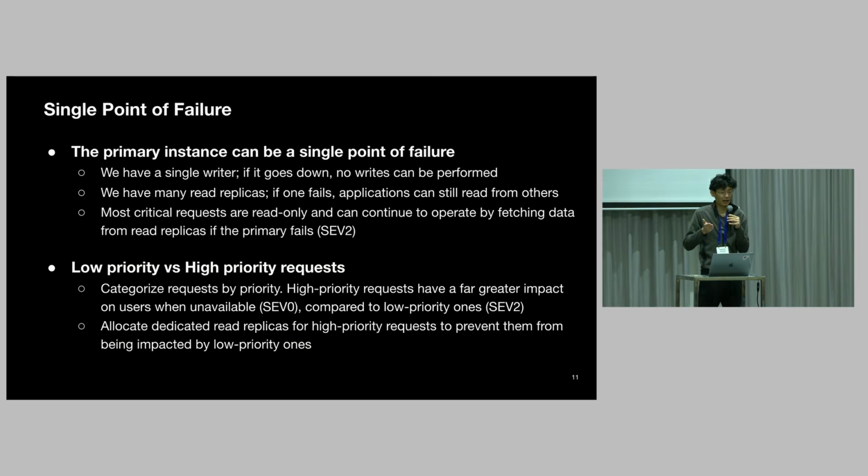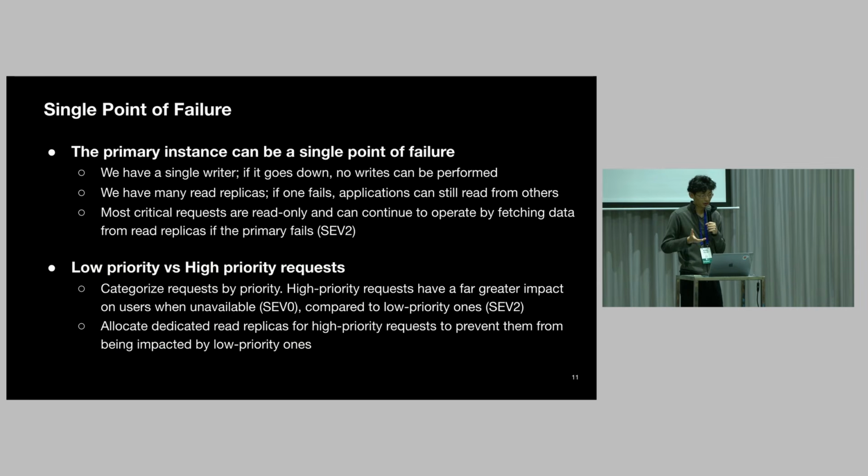So if the primary is down, in this case, it will become a step 2 instead of step 0, which brings down the whole service. It will become step 2, which means that most of the queries can still work. It can still read from read replicas. That's how we mitigate the single point of failure from primary.